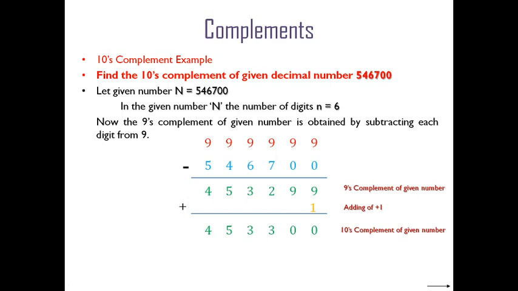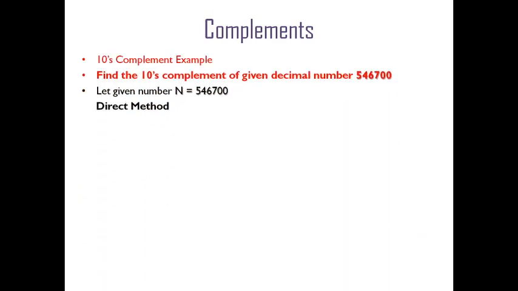We are having one method. So let us take the same example once again, and to find the tens complement directly, the procedure is: first write down the LSB, least significant zeros as it is.